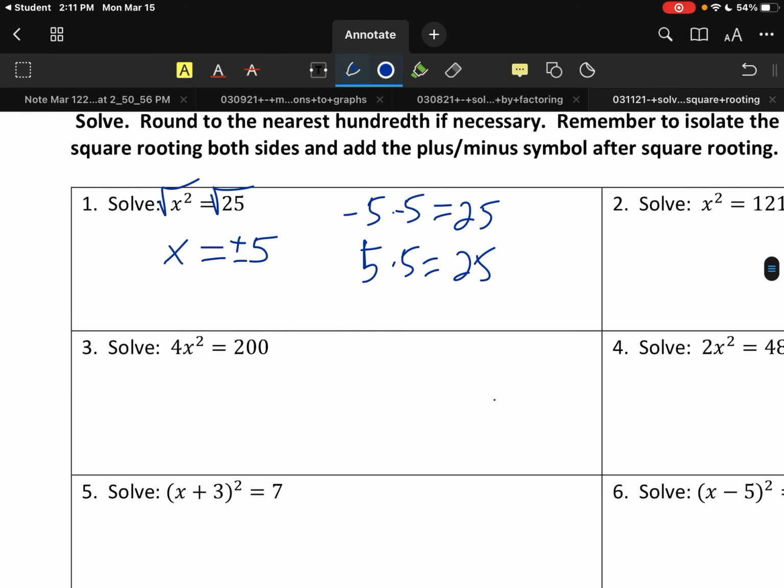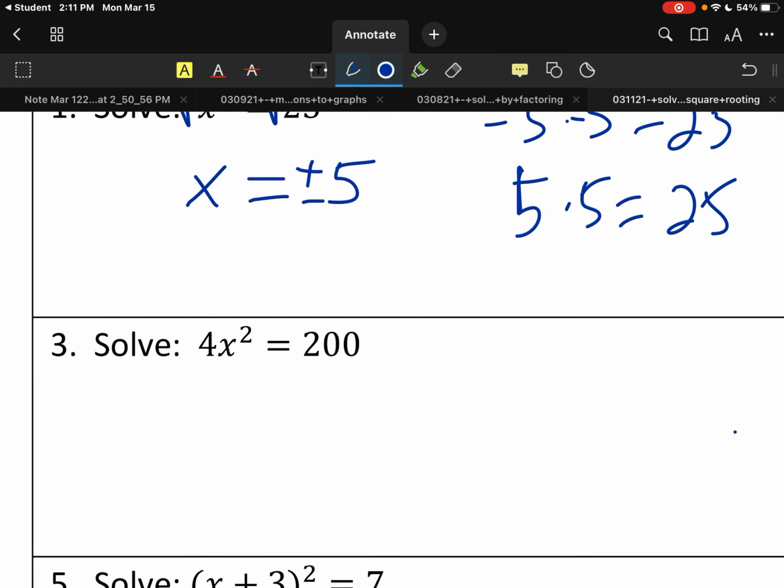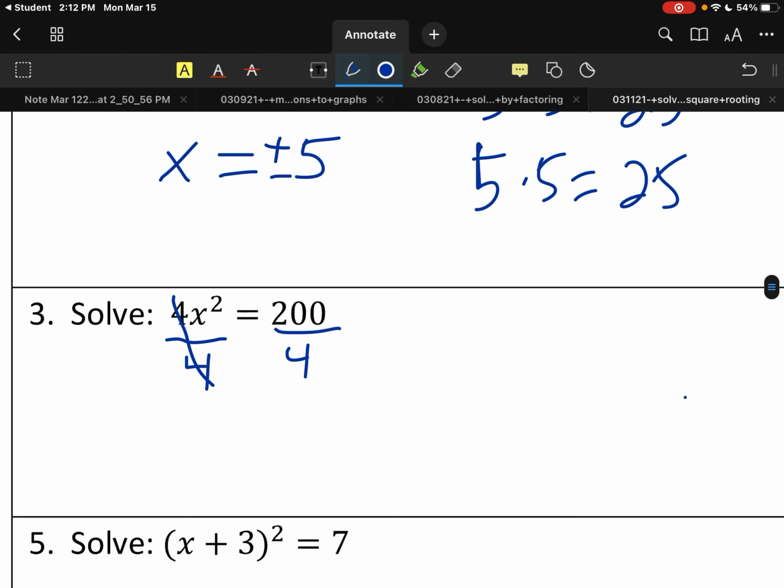That's also a thing here. Here I have this 4, so I'm going to divide by 4 on both sides. And then I get x squared equals 50, and then I just square root.